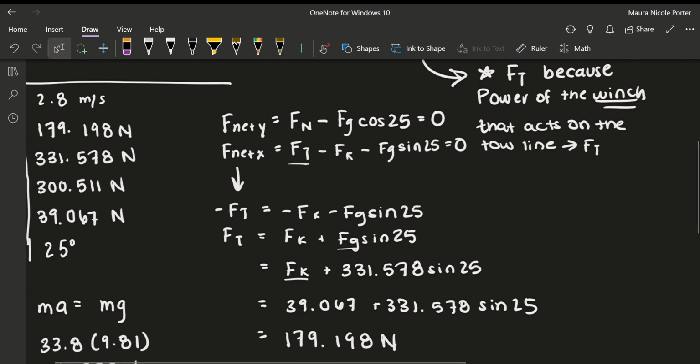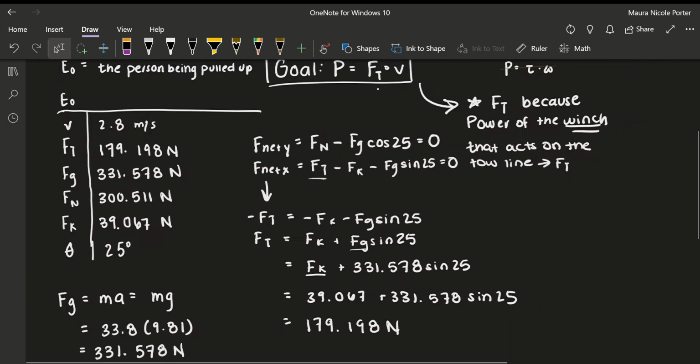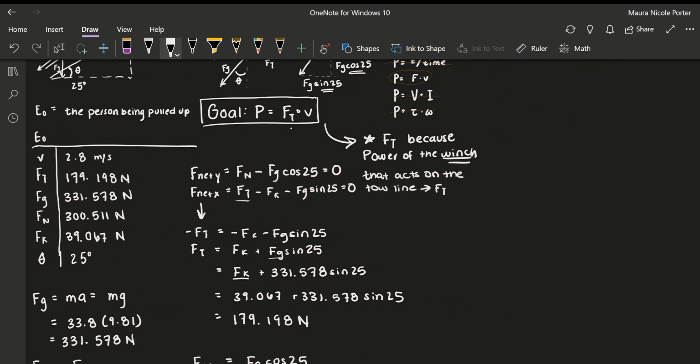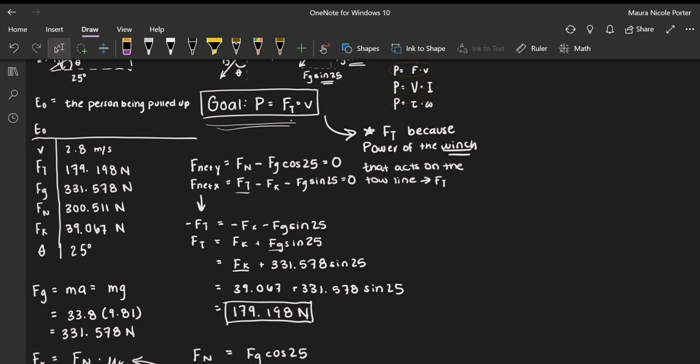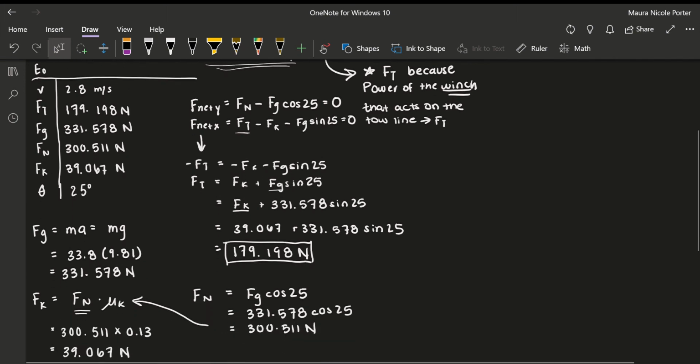And now we have everything that we need to solve for our goal of power, because we have f of t now, which we solved for here by using all these different equations and the other forces. And our last step is just going to be to find power.